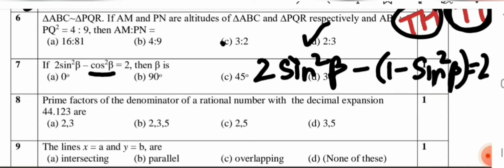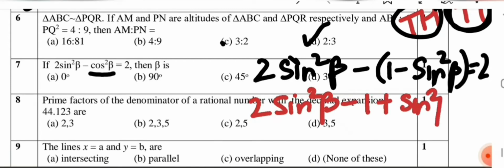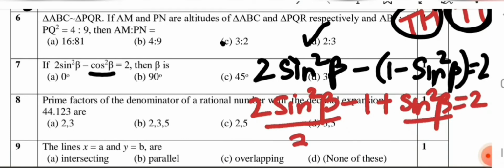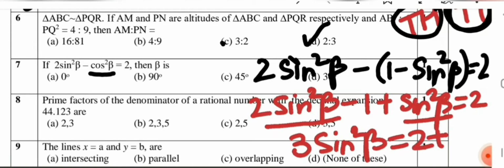So let us simplify this now. We'll get 2 sine square beta minus 1 minus minus plus sine square beta equals 2. Now this 1 can be taken to the right side. So we will be getting 2 sine square beta plus sine square beta, which is 3 sine square beta, equals 2. This minus 1 will go to the other side and will get added.